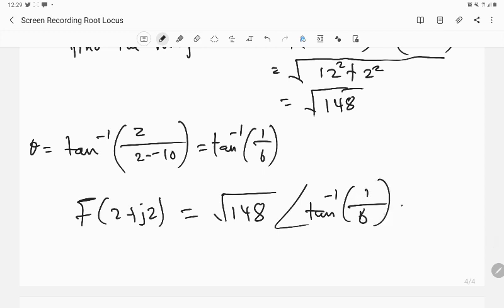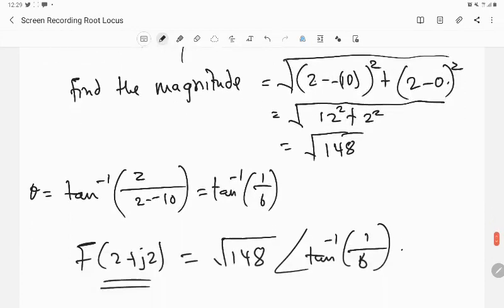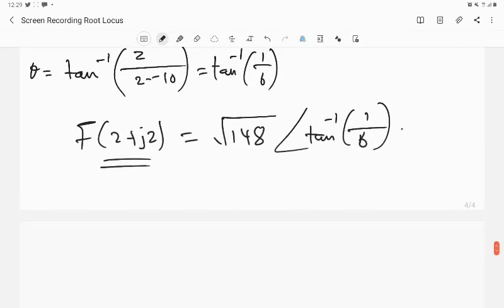So this is the vector that represents the function f of s equals s plus 10 evaluated at 2 plus j2.